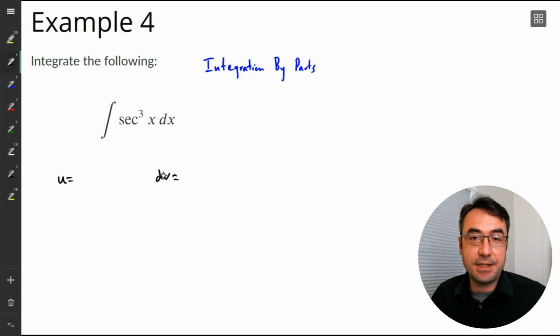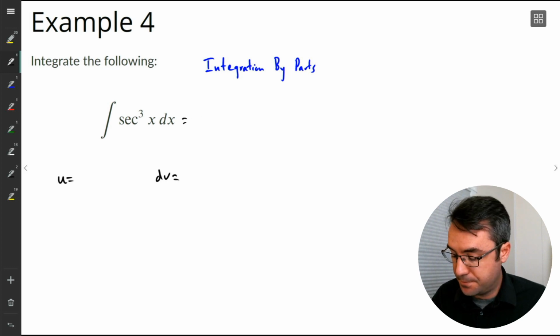We could either do secant squared or we could do tangent times secant. I don't see any tangents here, so let's kind of break this apart. We're going to break off a secant squared. We're going to write this as secant x times secant squared x dx.